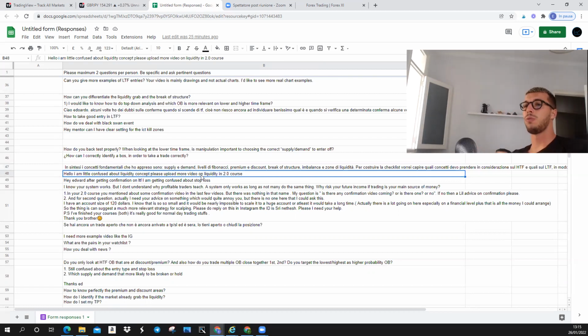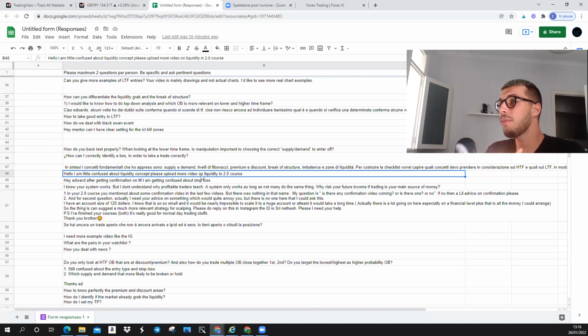I also see many people confused about liquidity. I can understand people that want more lower timeframes confirmation concepts, and I will share it. Also make sure, as I said already, to check the case studies, because that's how they are applied, and I talk about it. But for liquidity, honestly, other than teaching you where liquidity is and how liquidity looks like, it really comes down to you to go on charts and get your eyes trained, because market structure and order blocks, once I teach it to you, are a little bit easier to spot if you follow the steps.